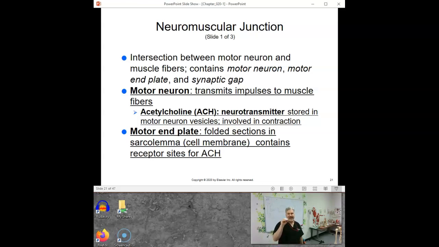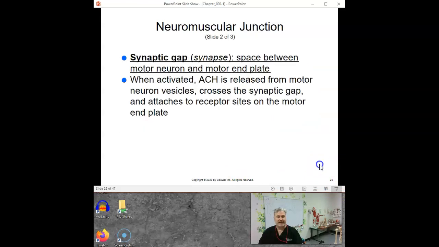Because at the end when it gets to the muscle, it actually kicks off this neurotransmitter, this acetylcholine. And the acetylcholine is actually what tells the muscle to fire. That's what happens. So it doesn't actually send an electrical shock right into the muscle, although that can work. It actually releases acetylcholine. The acetylcholine tells the muscle to fire.